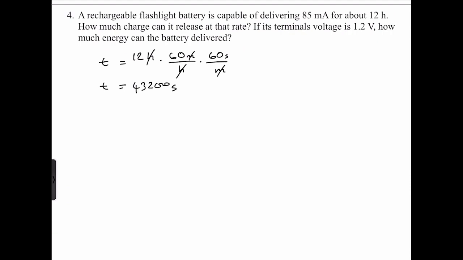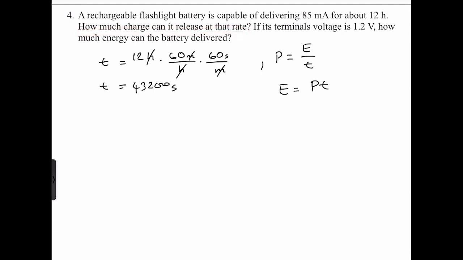So we know that power is equal to work, or in this case, energy, over time. So therefore, we can find the energy, which is equal to P times T. However, the first thing we're asked is the charge. How much charge can it release at that rate?